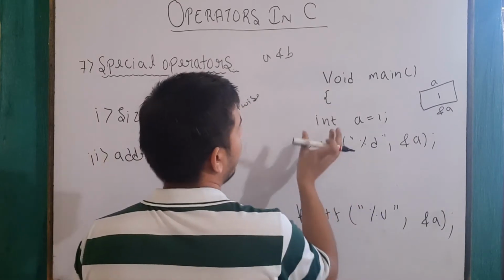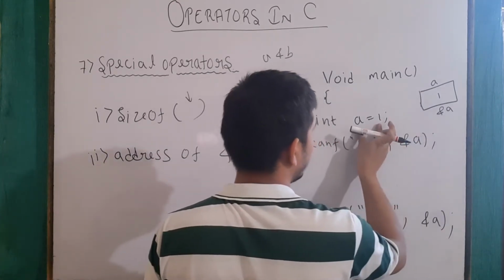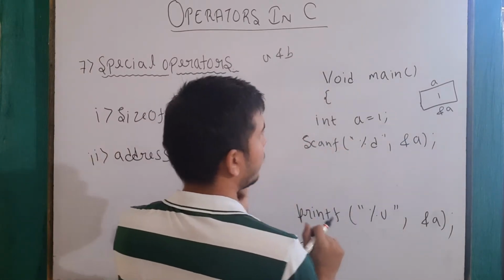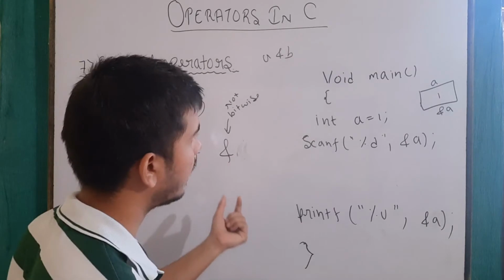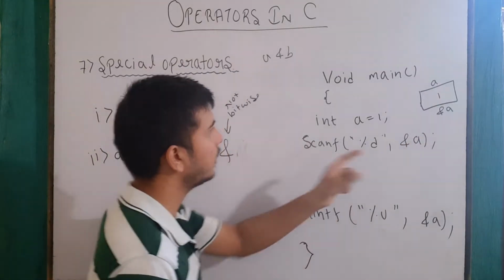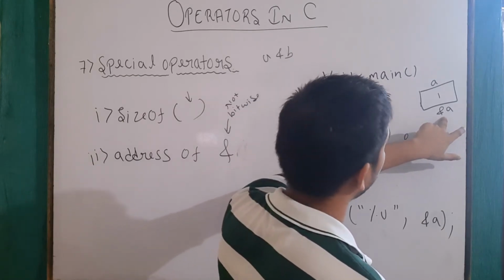When I define a variable, some memory location is given to that variable, so & will tell me the address of that memory location, that is, what the memory location of that variable is.